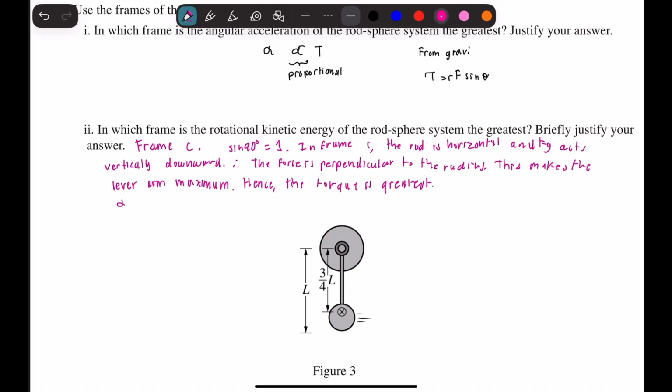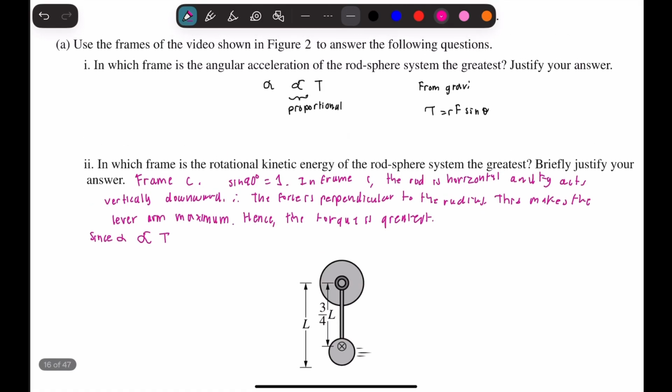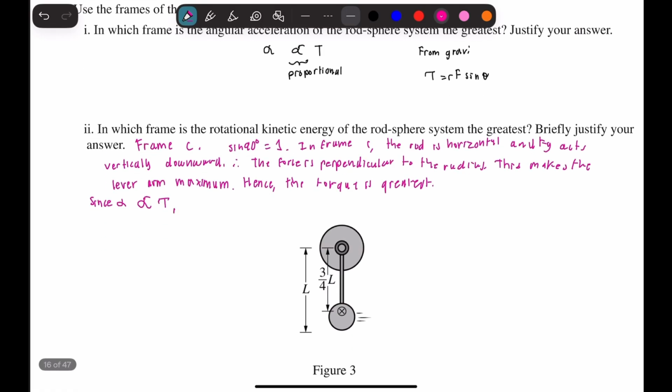And since we know that angular acceleration, again, up above of us, was proportional to torque, that means that angular acceleration is also greatest.